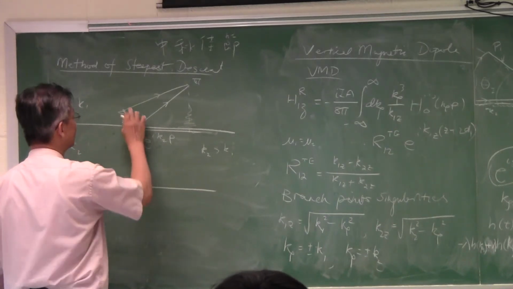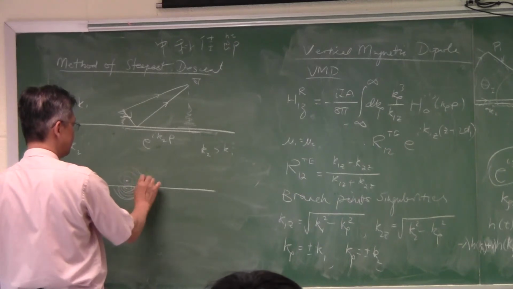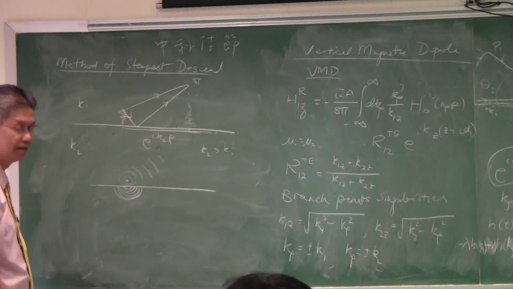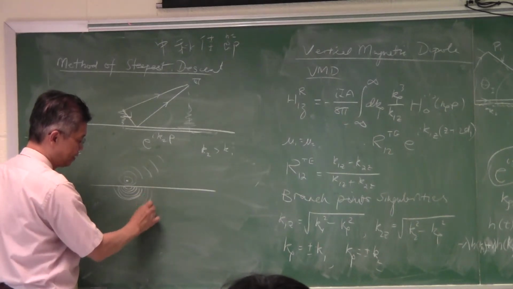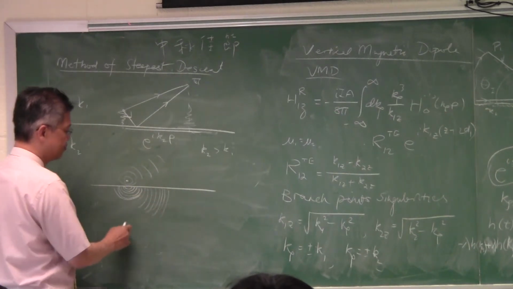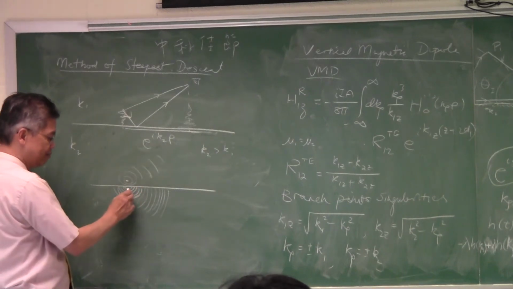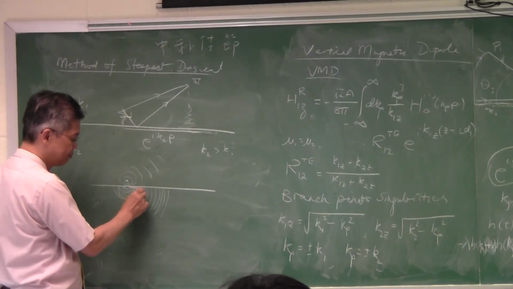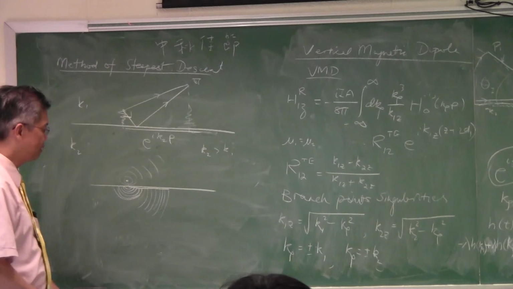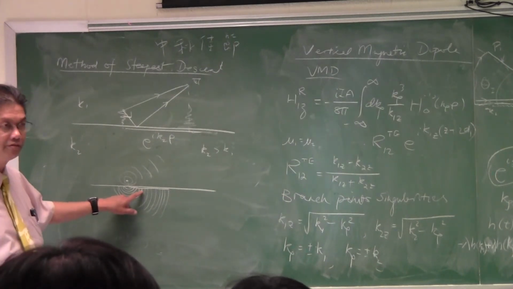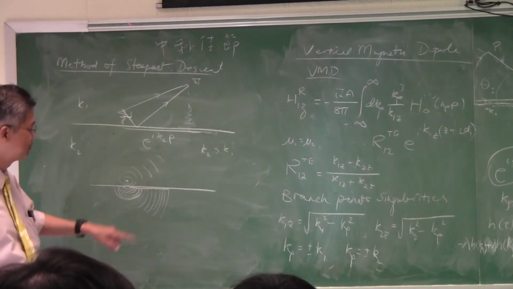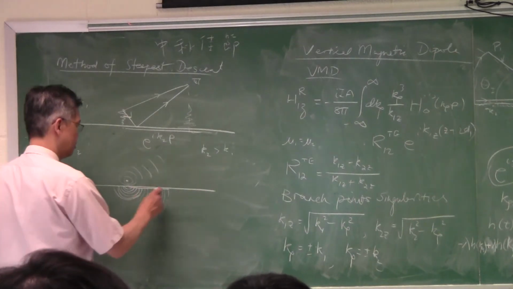And then this other wave actually has a spherical wave in region 1 that has a longer wavelength. So this wave would actually propagate like this with a shorter wavelength. But then as it propagates, because it propagates with a slower phase velocity than region 1, it produces an evanescent wave.